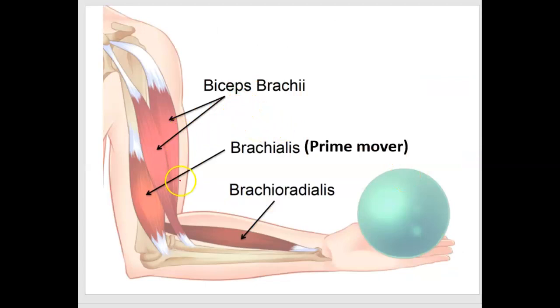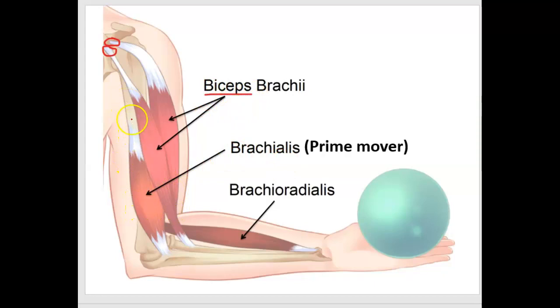So this is a picture of all three and how they act to flex the forearm. Notice that the biceps brachii has an origin on the scapula up here. It actually has two bellies. We call this the long head, and one's a short head. It doesn't matter. But that's why it's named biceps, two heads. The brachialis is beneath that.